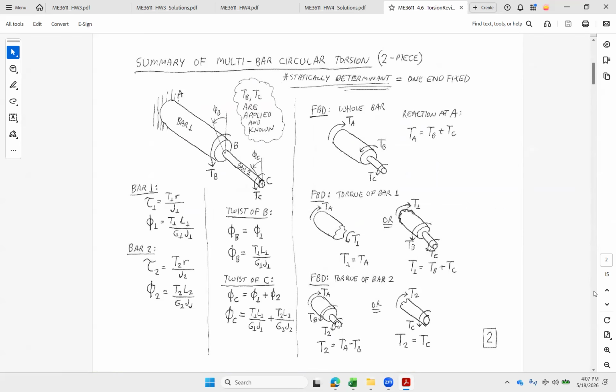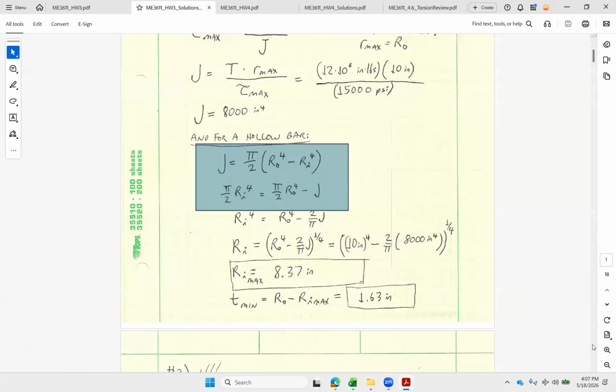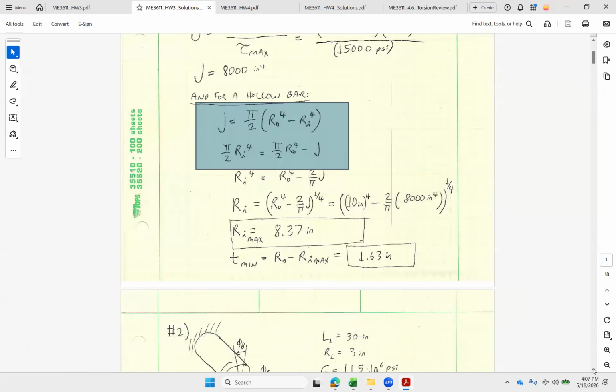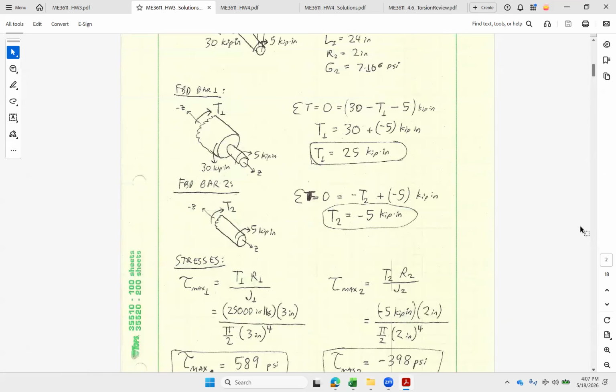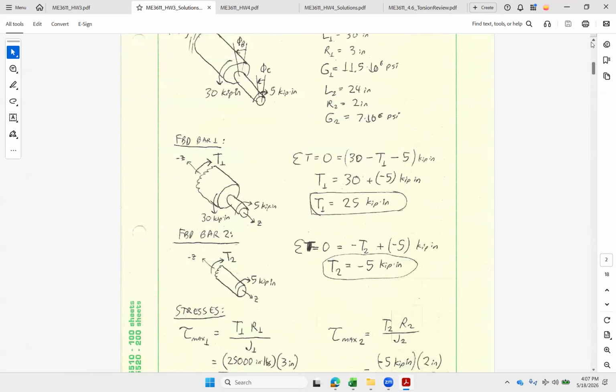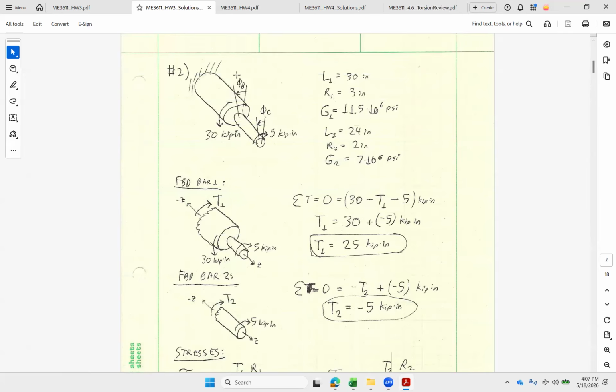According to our torsion summary, here's our multi-bar twist angle, TL over GJ for each one. And then we can just use a series of free body diagrams to get what we need. For that first cut, if we want to figure out the torque in bar number 1, I could take a slice right here, keep the applied end that's got the two loads, and then the internal load T1. We can calculate that one, and it comes out at 25 kip-inches.